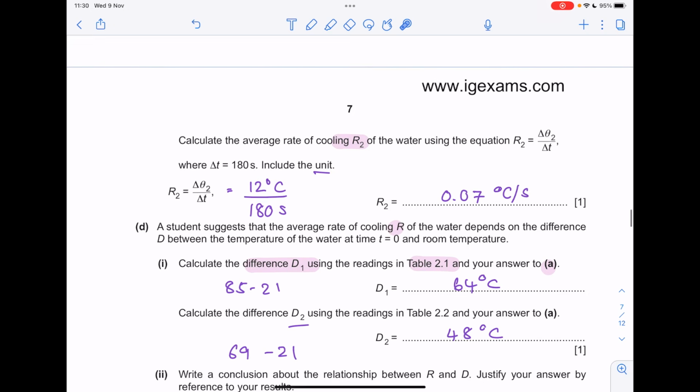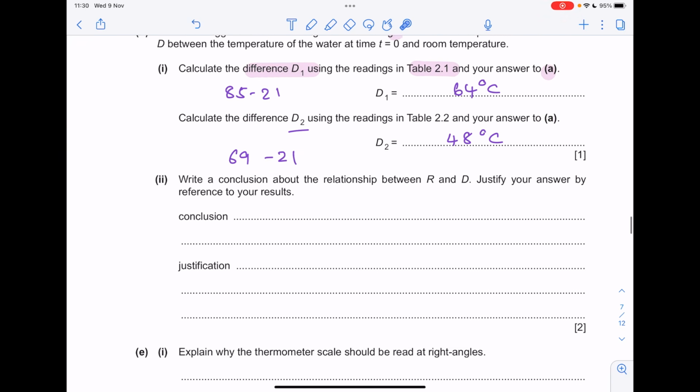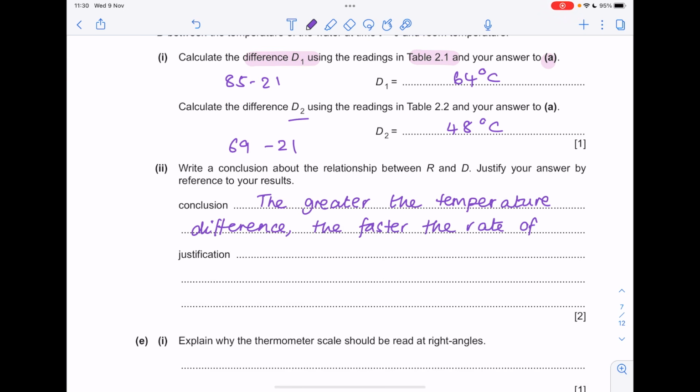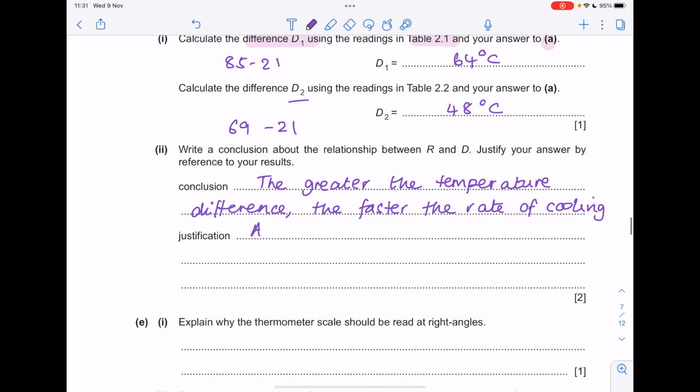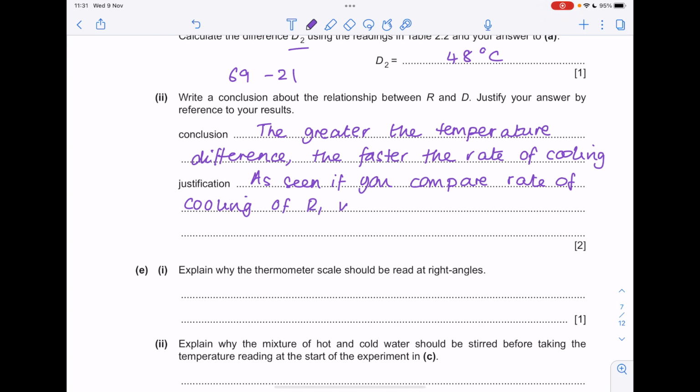So we can therefore say that the greater the temperature difference, the faster the rate of cooling, as seen if you compare the rate of cooling of R1 with R2.